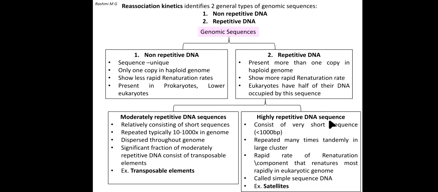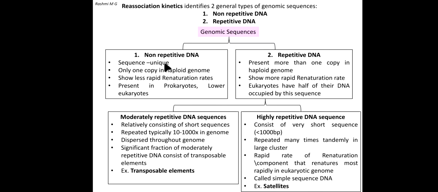Highly repetitive DNA sequences consist of very short sequences of less than 1000 base pairs. They are repeated many times randomly in large clusters. They show a rapid rate of renaturation. The component that renatures most rapidly in the eukaryotic genome is called simple sequence DNA. An example is satellite DNA. So remember this chart.